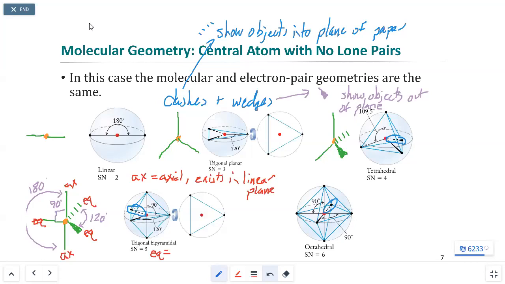The EQ positions are known as equatorial positions.